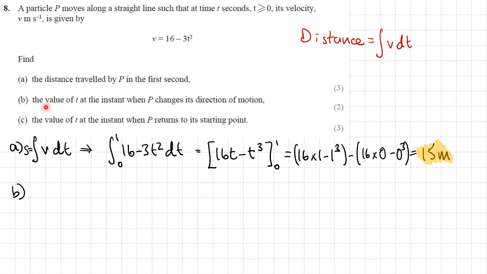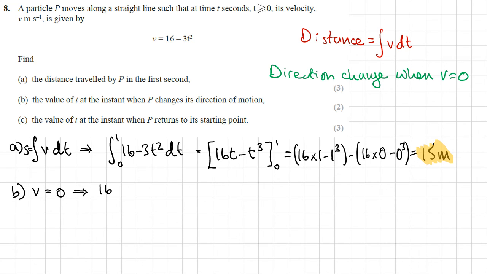Part B. The value of t at the instant when P changes its direction of motion. Now, direction changes when v is equal to 0, because something is slowing down until it comes to instantaneous rest and then changes direction. So what we're going to do is set v equal to 0.